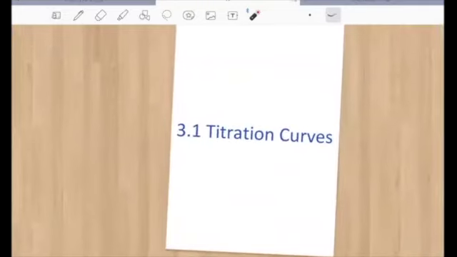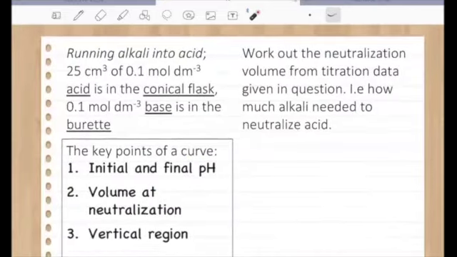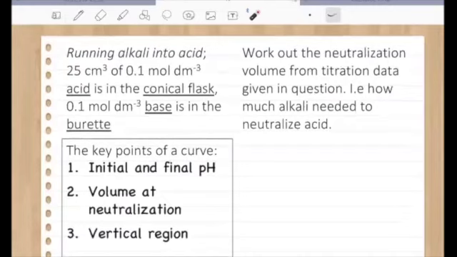Now we're going to look at the titration curves. There are 4 types of titration curves depending on the strength of the acid you use and the strength of the base that you use. So for this case, in your notes, we are going to run alkali into acid. That means acid is in the conical flask.